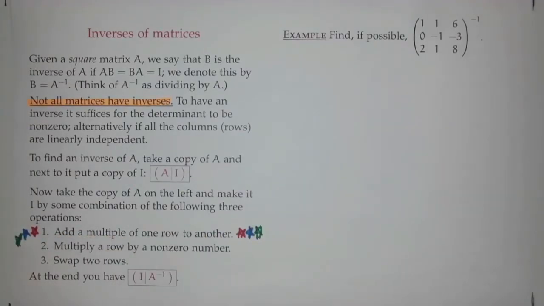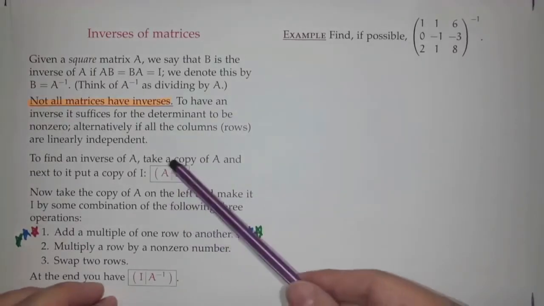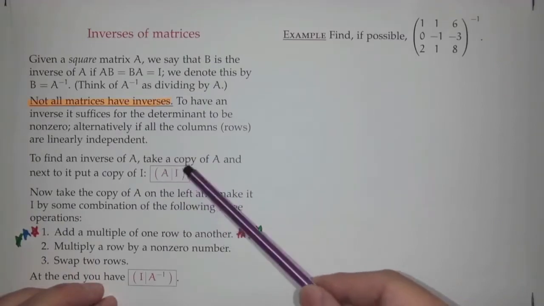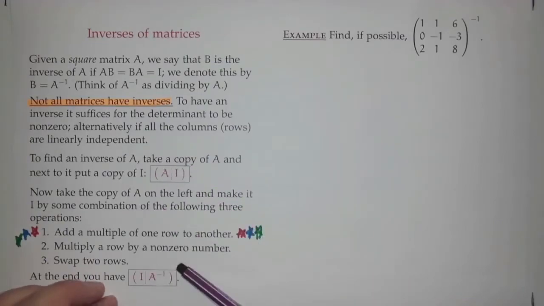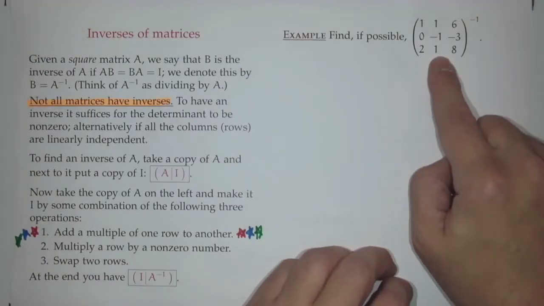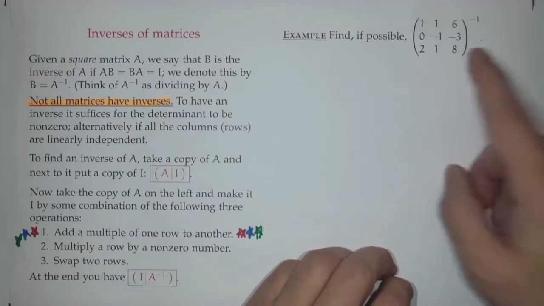Very important idea. All right, so let's go through and do an example. Now, the punchline is, after you take the left-hand side and make it look like the identity, the right-hand side, which started with the identity, is the inverse. So, we're looking for the inverse of this matrix. Now, what tells you we're looking for the inverse of this matrix?